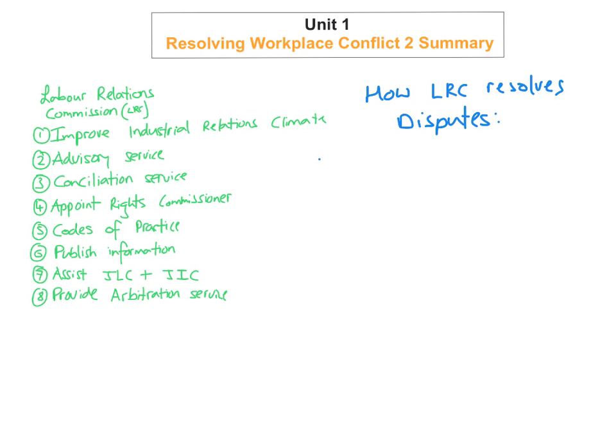Okay, so the first way that the LRC resolves disputes is that it might appoint an industrial relations officer.